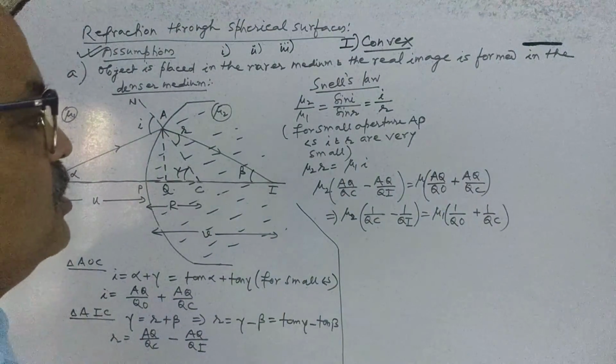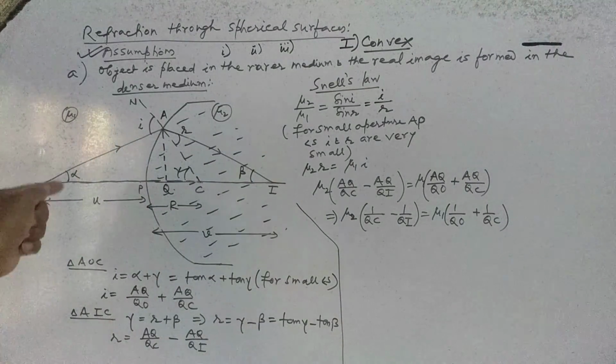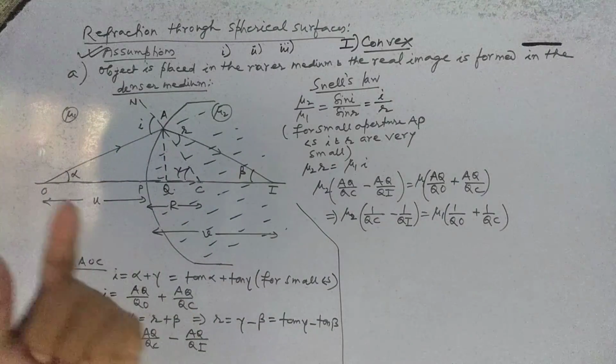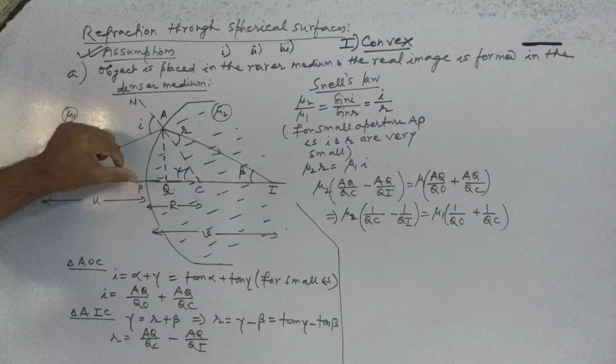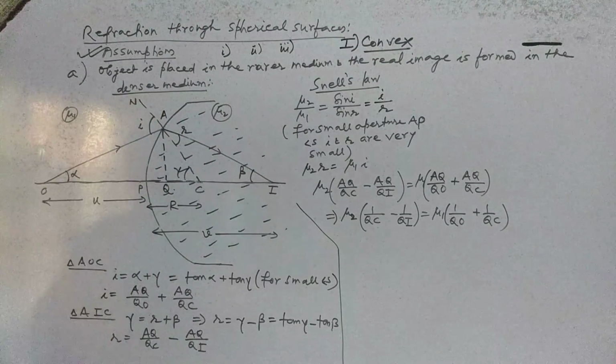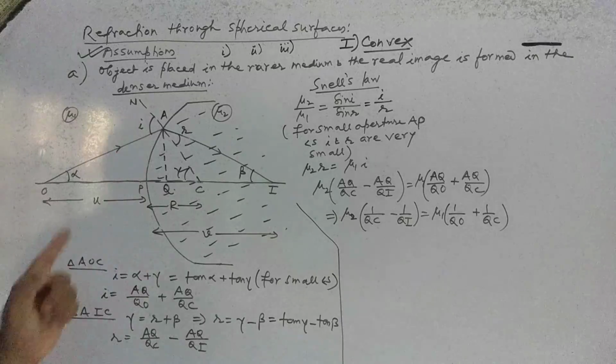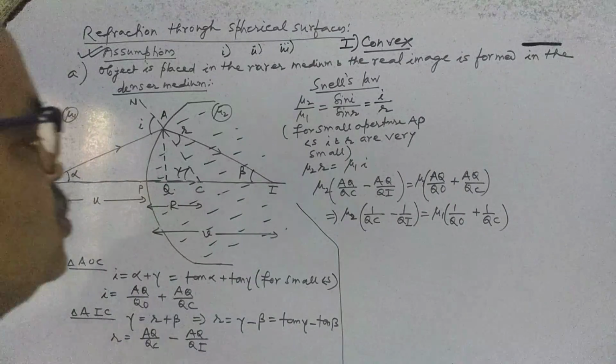Alright. Now, for small aperture, P and Q are too close. If the aperture is very small, what will happen? P and Q are too close.